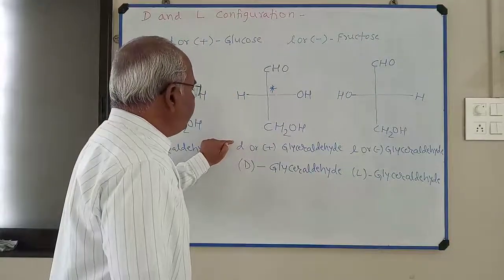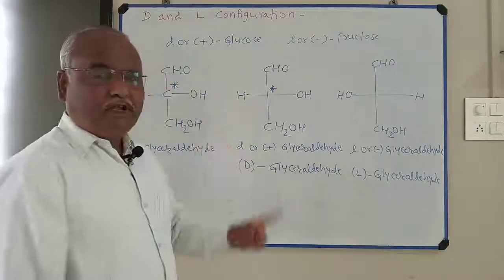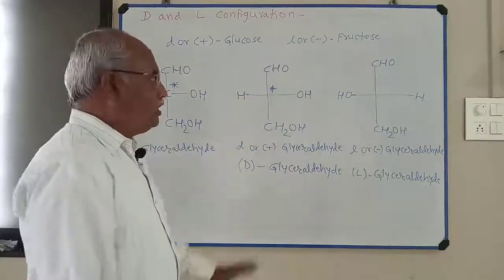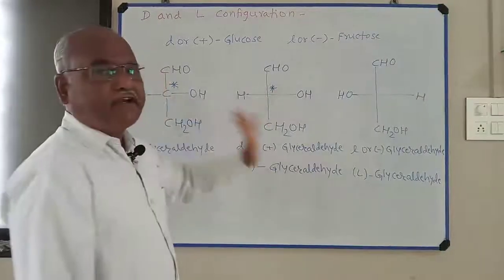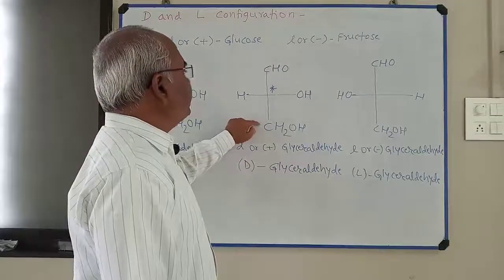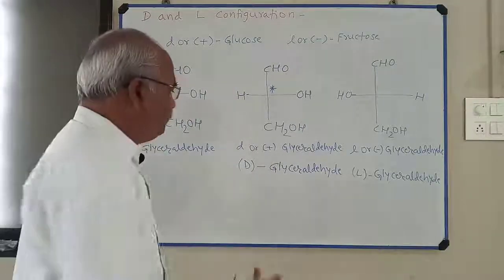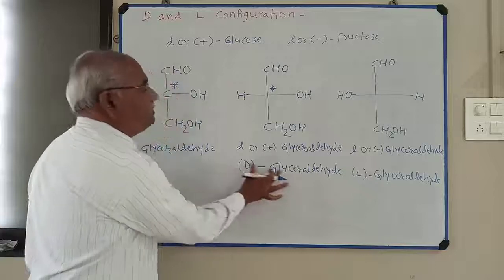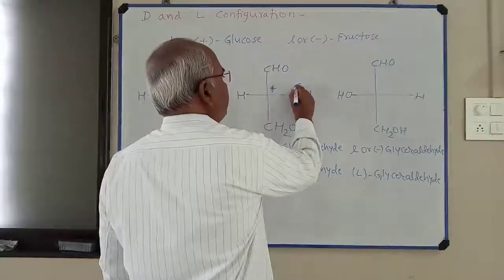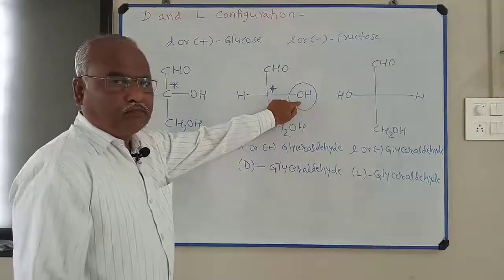This is related to optical rotation. Capital D explains the configuration at the lowest chirality center, the bottom asymmetric carbon atom, or second last asymmetric carbon atom. Remember, we call it D-glyceraldehyde when the OH group at the lowest chirality center points to the right.